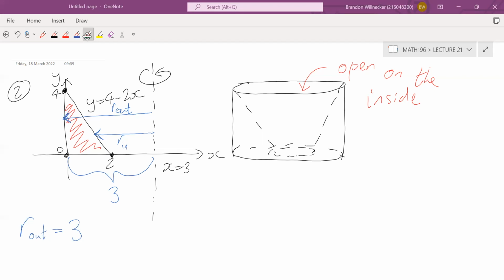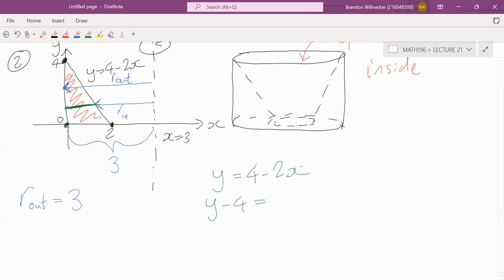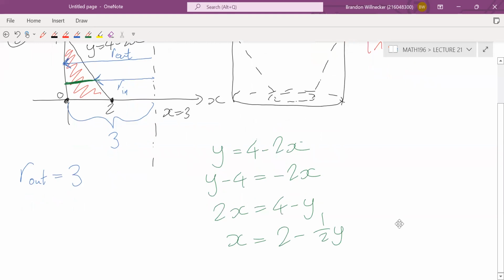We know the total distance is 3. If we can find this green distance here, then we know that the inner radius plus the green distance is 3. So how do we find that? Well, we know that y is equal to 4 minus 2x. So y minus 4 is equal to minus 2x. So 2x is equal to 4 minus y. So x is equal to 2 minus 1/2 y. So that's the green distance.